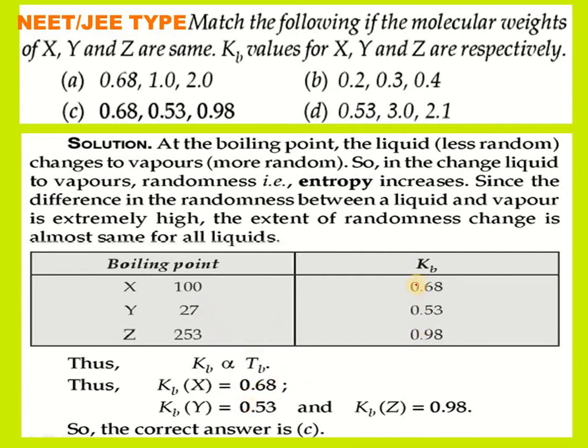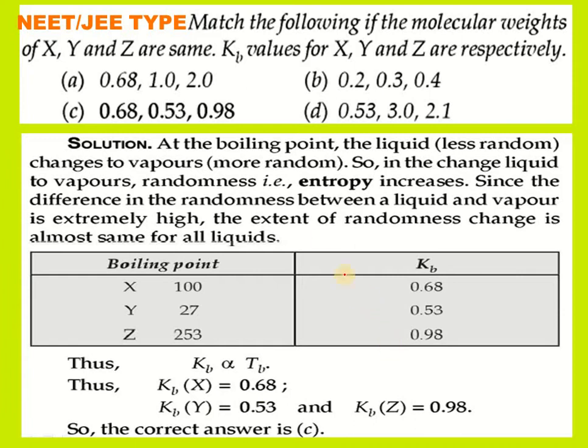The small Kb value is 0.53 for Y, for Z it is 0.98, and for X it is 0.68. So X is 0.68, Y is 0.53 and Kb for Z is 0.98.